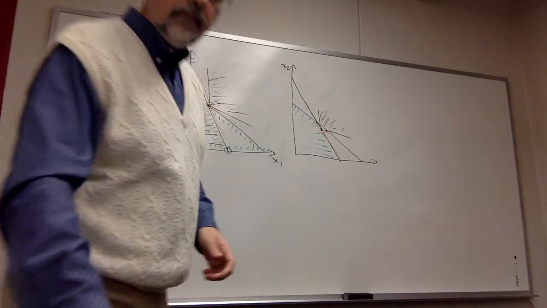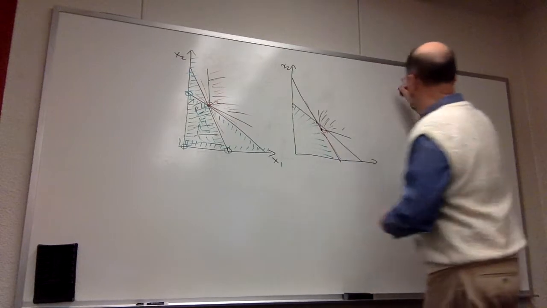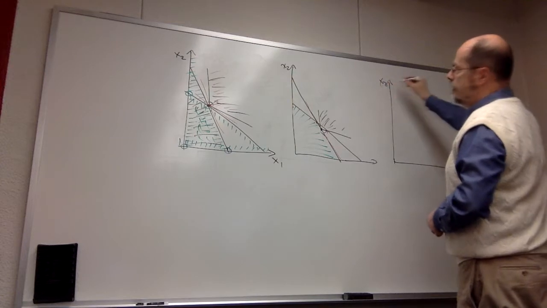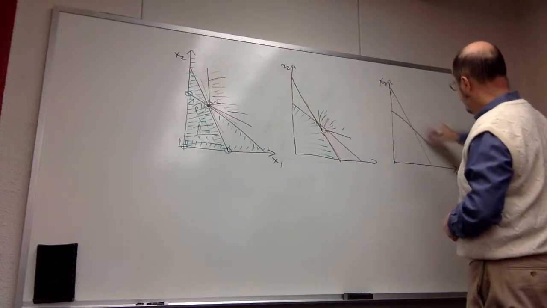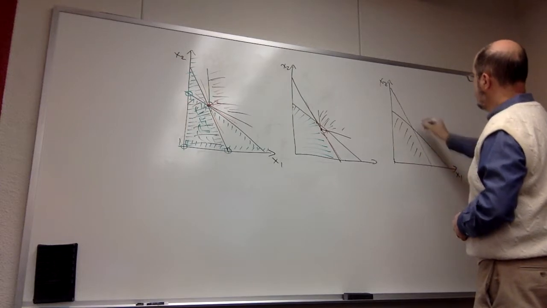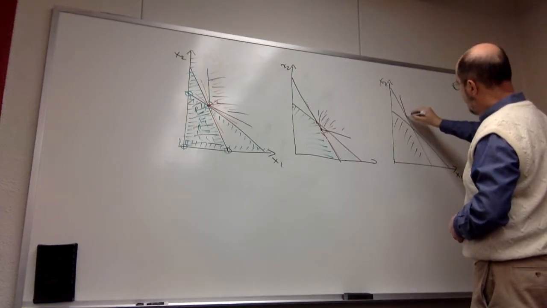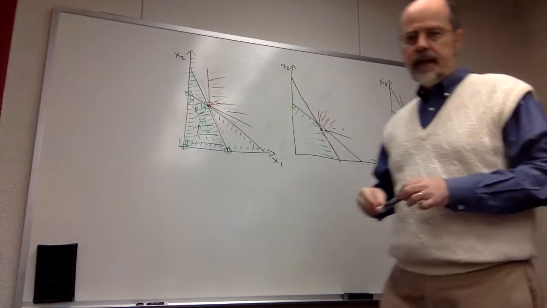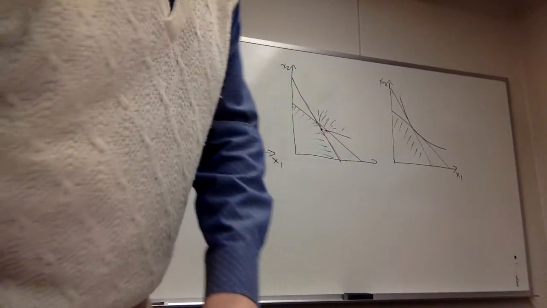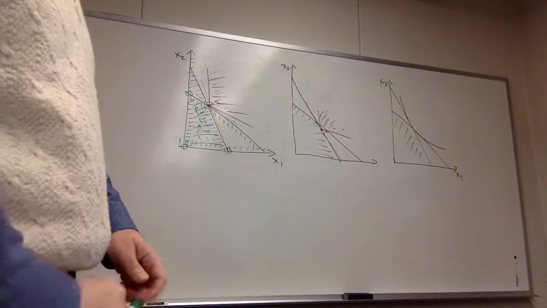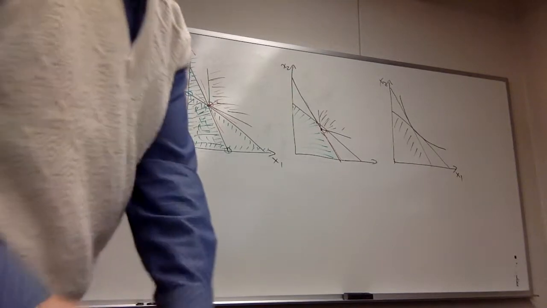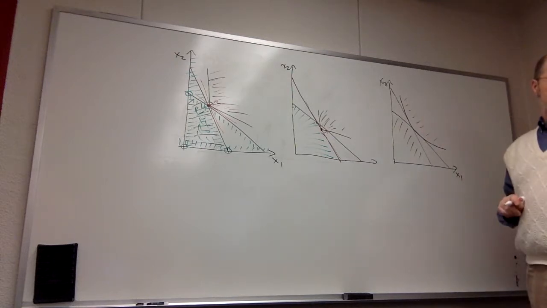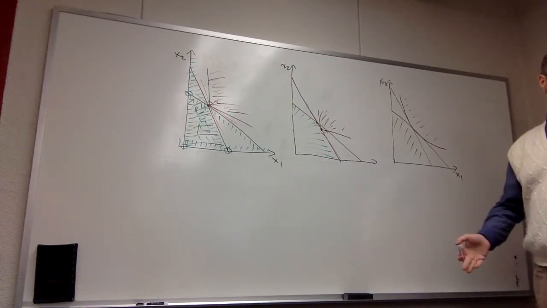Similarly, if I had the same picture again, but my objective function had a smooth level set at the optimum, then I would be seeing this as the interior of my upper contour, so the strict upper contour set.